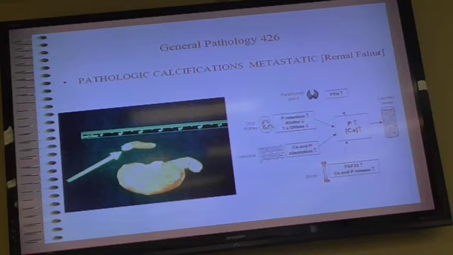So, oh, wait a minute. It's a negative charge. Okay. So, what's the charge on the phosphate? It's negative. So it repels the phosphorus, so it can't excrete the phosphorus. That's why the blood level increases.